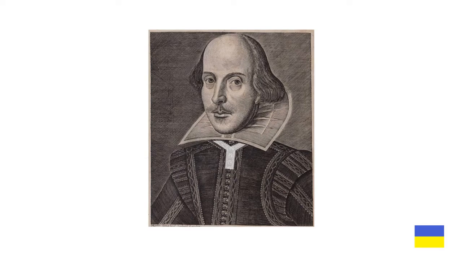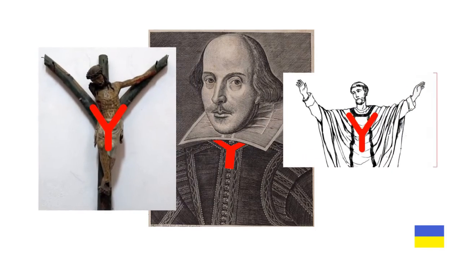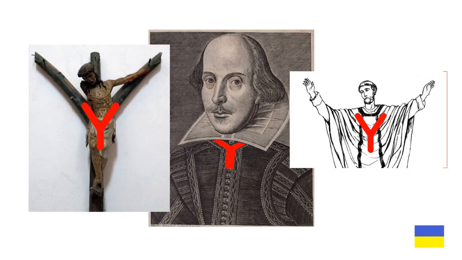And what I got was the letter Y, but in Greek it's known as ypsilon. And ypsilon is a very important form or symbol in Christianity because, as you can see, various forms of medieval crosses form exactly the same shape, and it is the shape that the priests use when blessing the flocks.